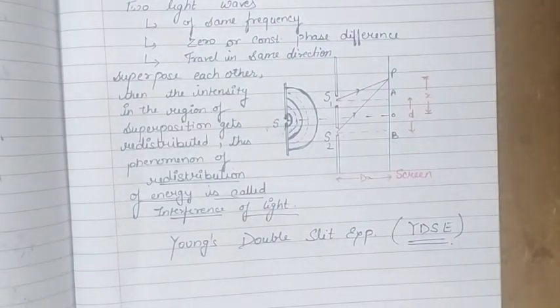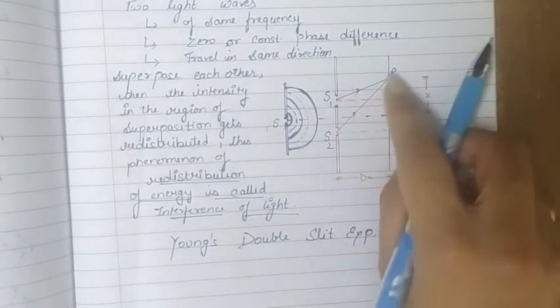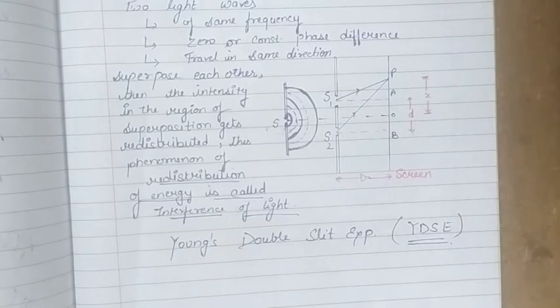Now if we close any one of the slits, S1 or S2, then instead of two waves there is only one wave. Superposition doesn't happen, so the appearance of bright and dark fringes stops, and the intensity of light becomes uniform.